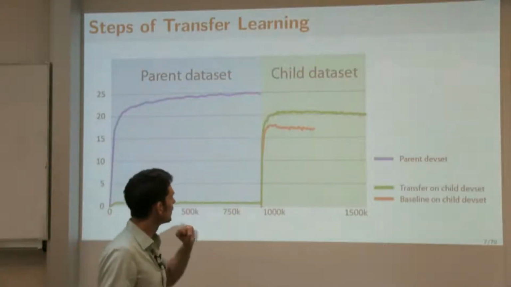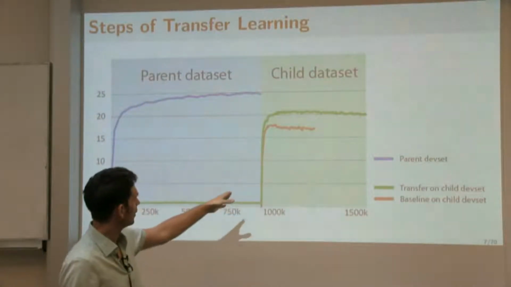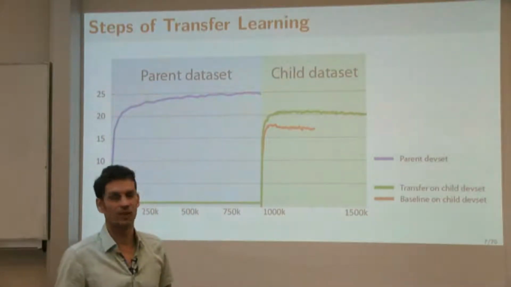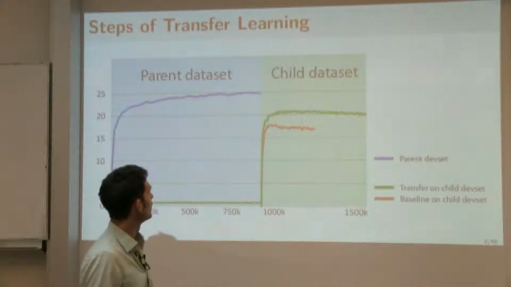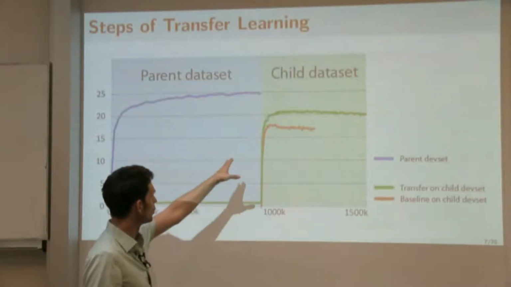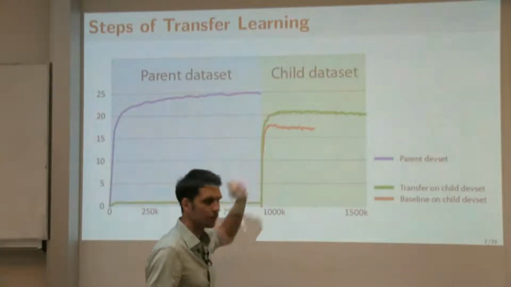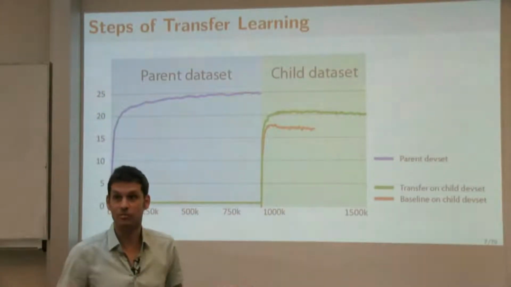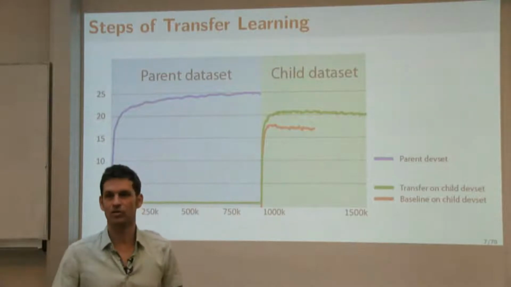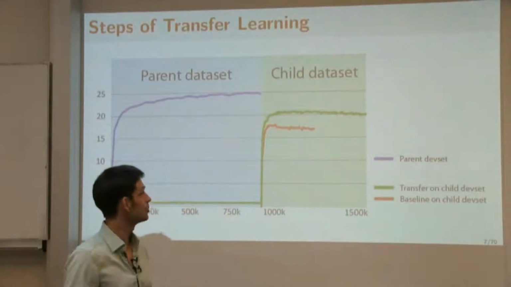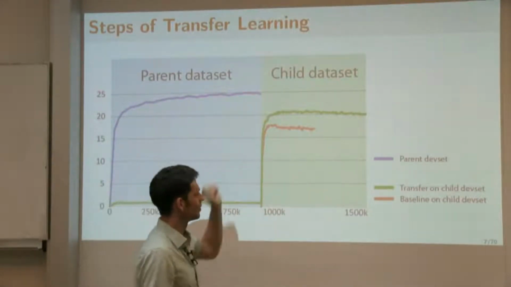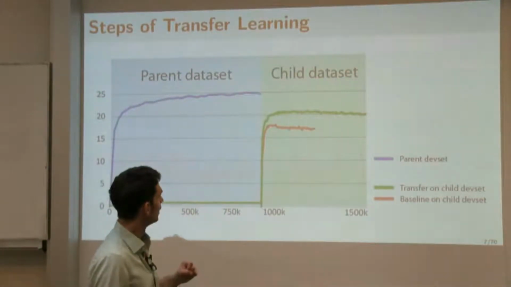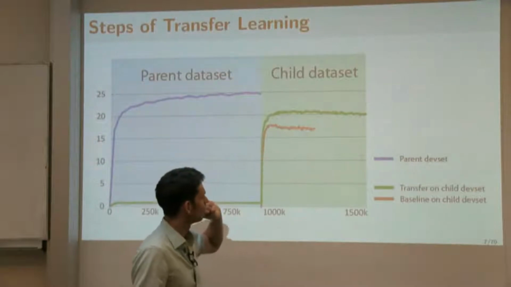On the child dataset, normally you would have this orange curve, and that already shows a little bit of overfitting. So the training data for the child is maybe very small, so the model memorizes that data too much, and it does not then generalize well and perform well on the development set. So that would be the baseline, the orange one.